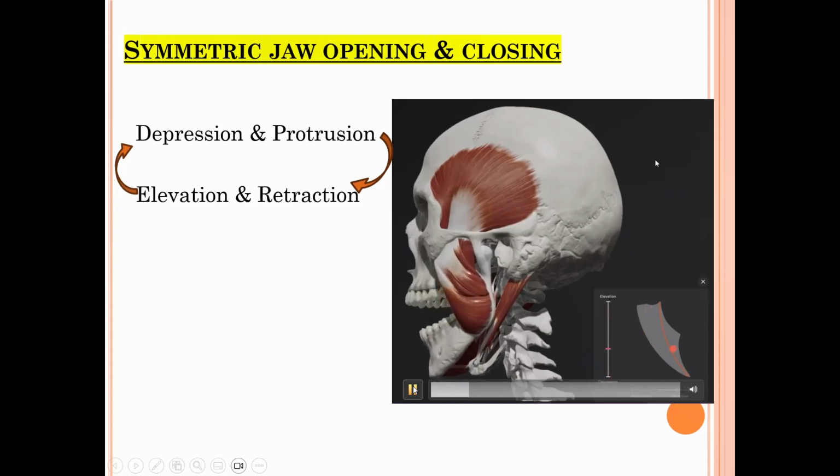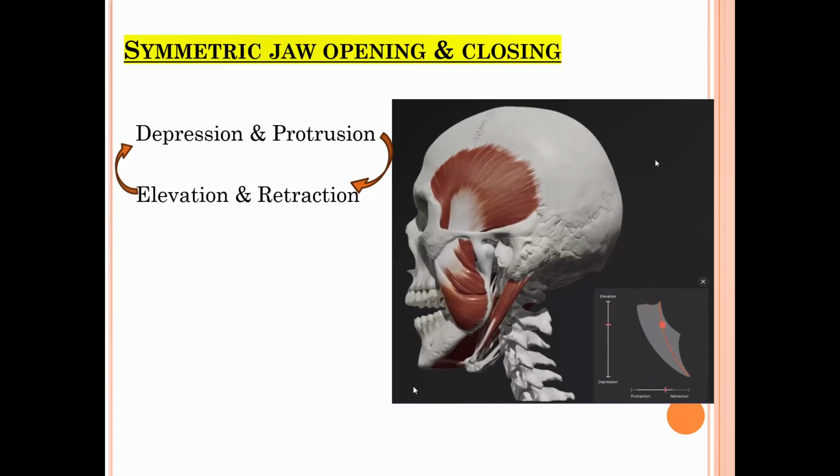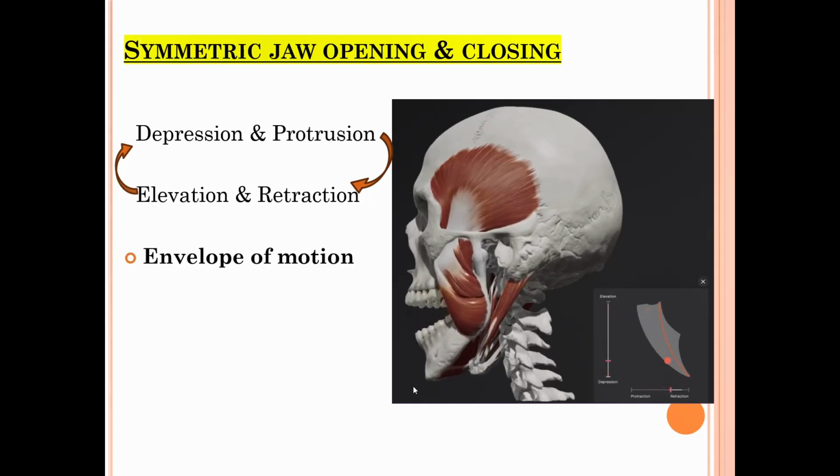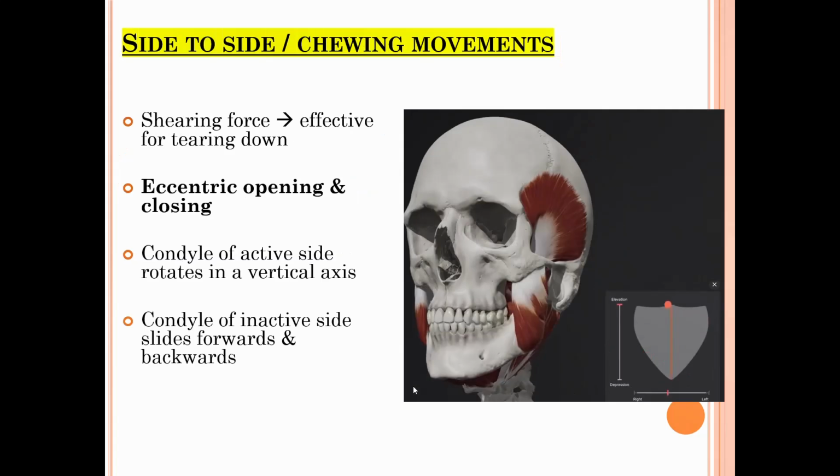So this is symmetric jaw opening and closing. Where does it happen? It happens during chewing. You can see the movement, but it will be in order: first depression, then protrusion, then retraction, then elevation. So this is the envelope of motion.